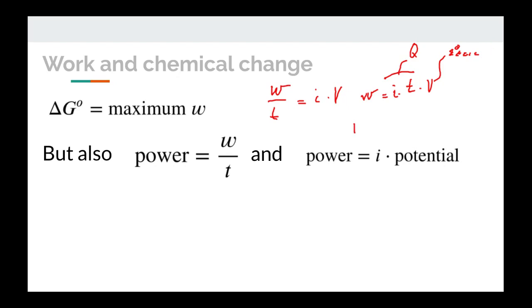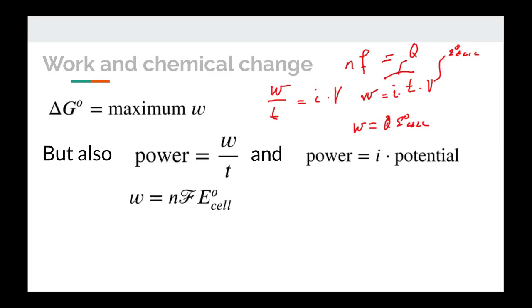So this becomes work is equal to Q times standard cell potential. But remember that charge is equal to the number of moles times the number of coulombs per mole, which is Faraday's constant. So that tells us that work is equal to number of moles times Faraday's constant times the standard cell potential. But work is equal to delta G.